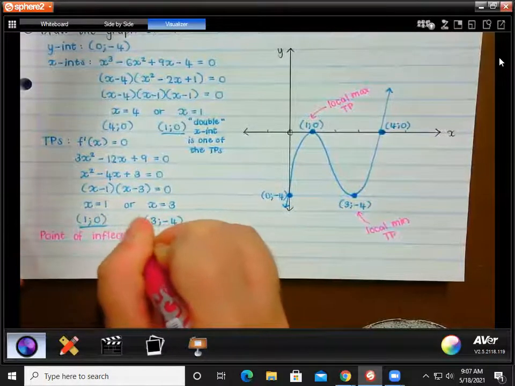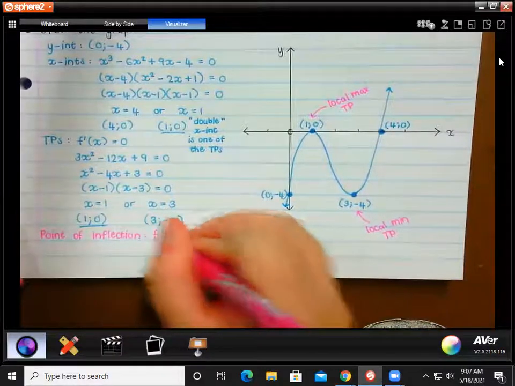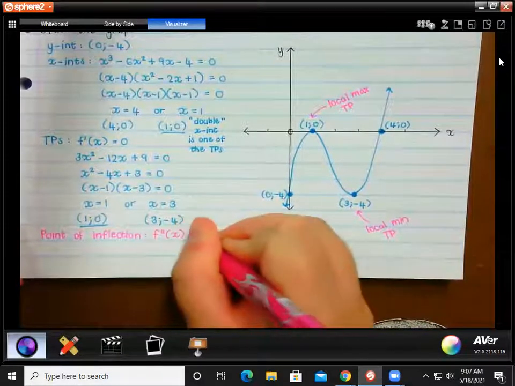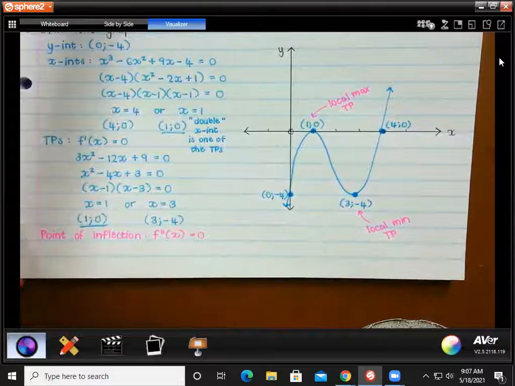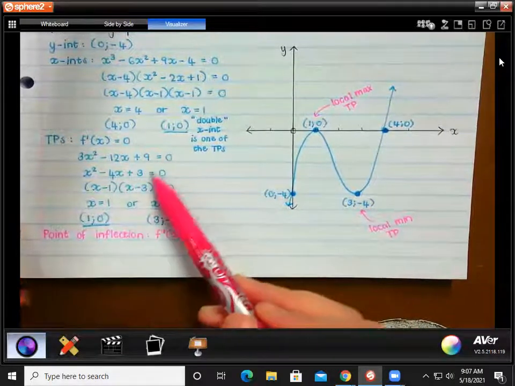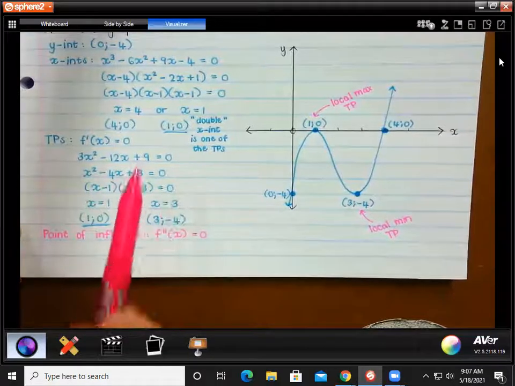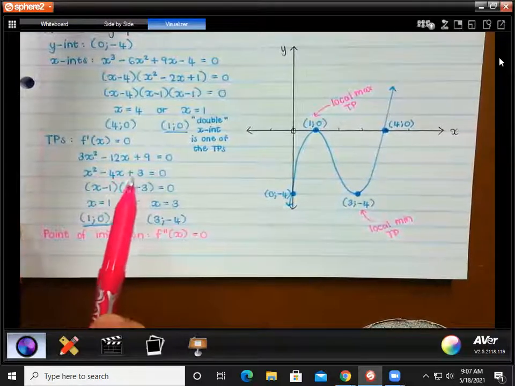At the point of inflection, that is where your second derivative is equal to 0. So now we know, obviously, your second derivative is the derivative of the first derivative. Now, guys, remember that this was our first derivative, not the simplified one, not the one where we divided through by 3.